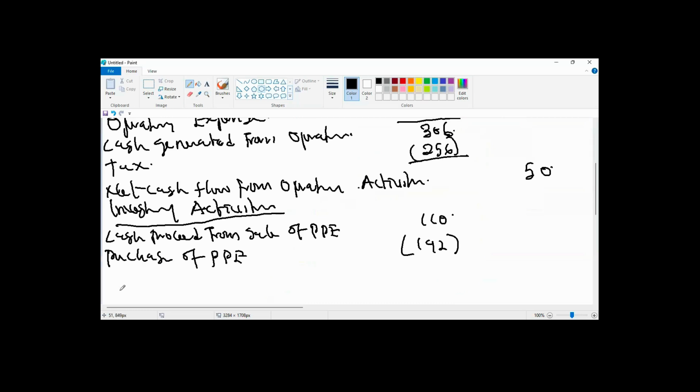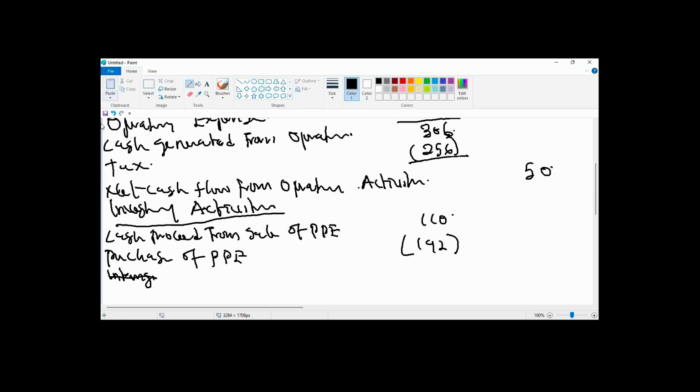Then next, intangible assets. They purchase intangible.